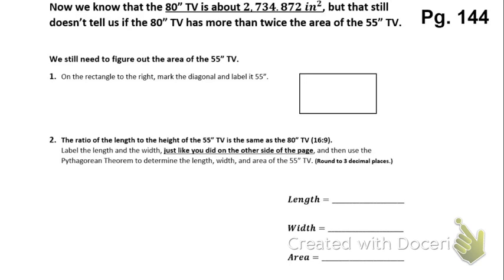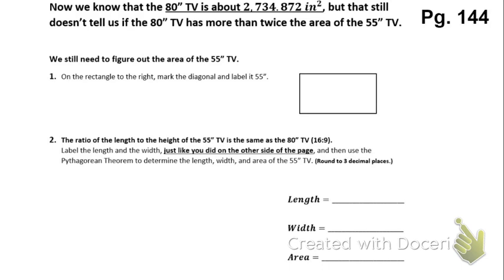So if the bottom gets bigger, the side gets bigger using this same fraction. If the bottom gets doubled, the height gets doubled. If the bottom gets tripled, the height gets tripled. If it gets multiplied by 4.5, the height gets multiplied by 4.5. Whatever you do to one side, you have to do the other.